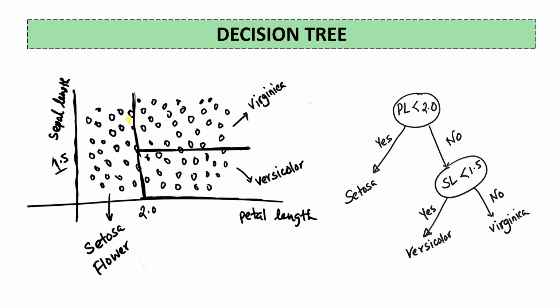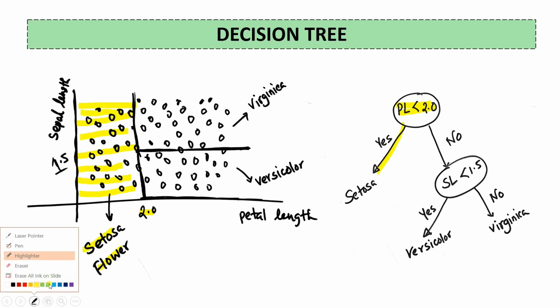So this portion is less than 2.0, and 2.0 is nothing but going for the Setosa. If it is less than 2.0, that portion is for the Setosa flower. That means this portion of the data points is derived from the Setosa flower. If any test data is coming in here, we can directly say this data point belongs to a Setosa flower. Now what about the other one?